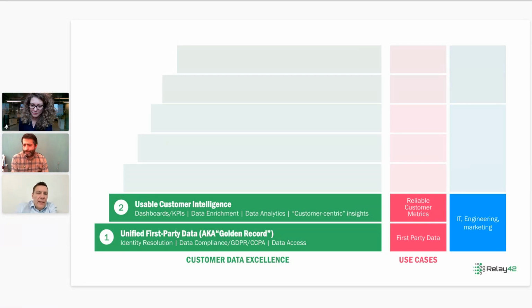So I think on the next step of the ladder there, we start talking about how usable is that customer data, once we've collected all that data and been able to do something with it. So we talk about the metrics of the data, and this is where things like your dashboards and your KPIs start coming to realization, and being able to enrich that data and really look at what it is.